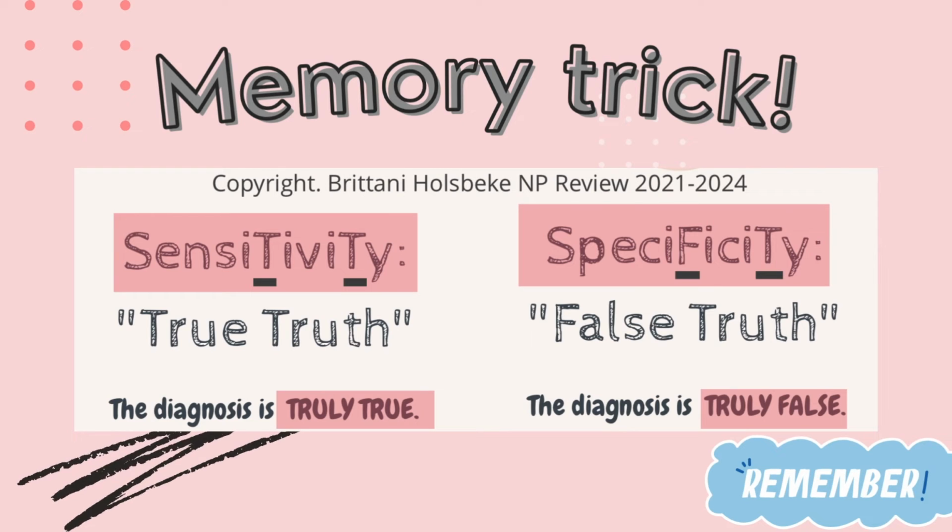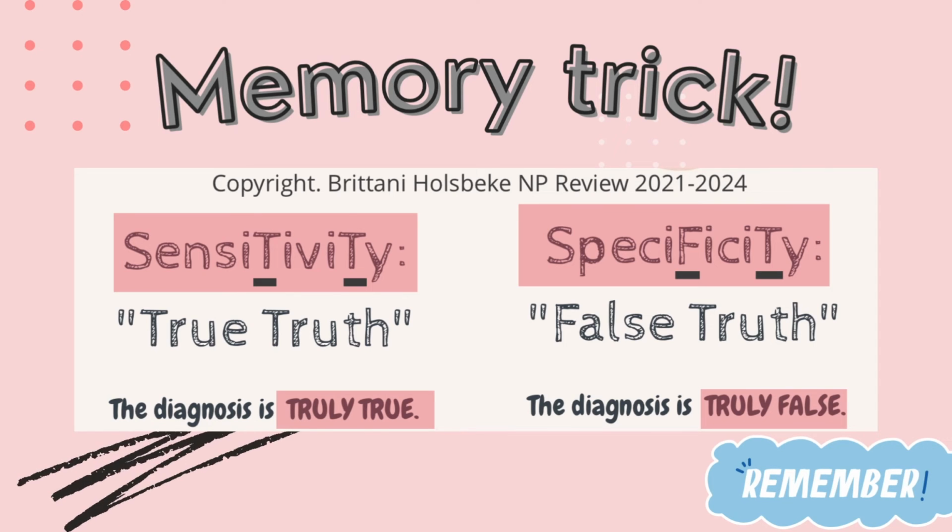This is because sensitivity of a test describes the accuracy with which it can say a diagnosis is truly true, or that the patient truly does have the diagnosis. And then compared to specificity, I want you to remember the phrase truly false. This is because specificity of a test describes the accuracy with which it can say a diagnosis is truly false, or that the patient truly does not have a diagnosis.